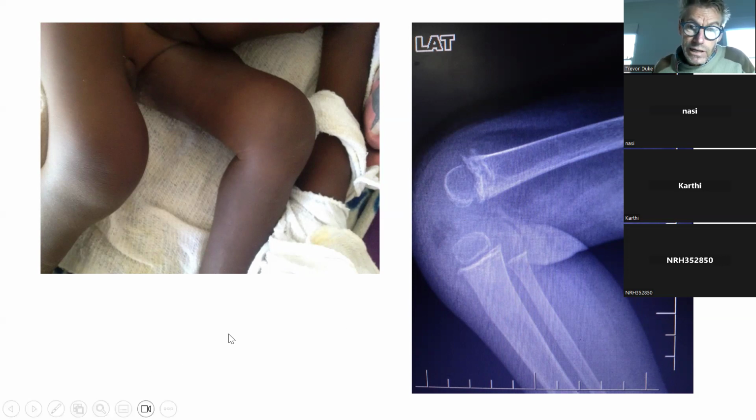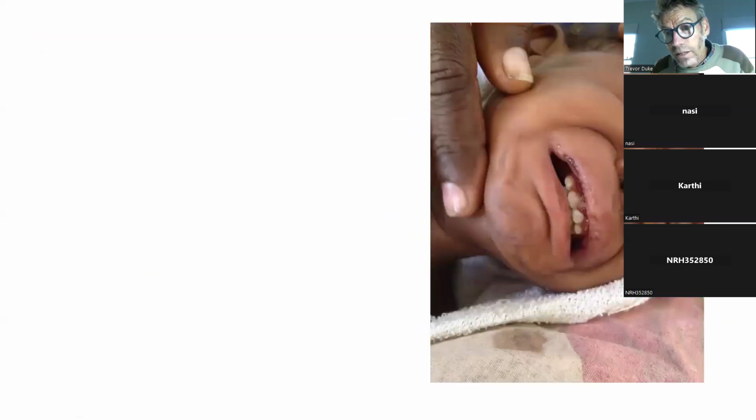And this boy had this metaphyseal roughening of the metaphysis, and so it could have been rickets, it could have been potentially even leukemia, although the x-ray appearance is a bit different. But what it was, he had loose teeth and he had gum bleeding, and this is scurvy.